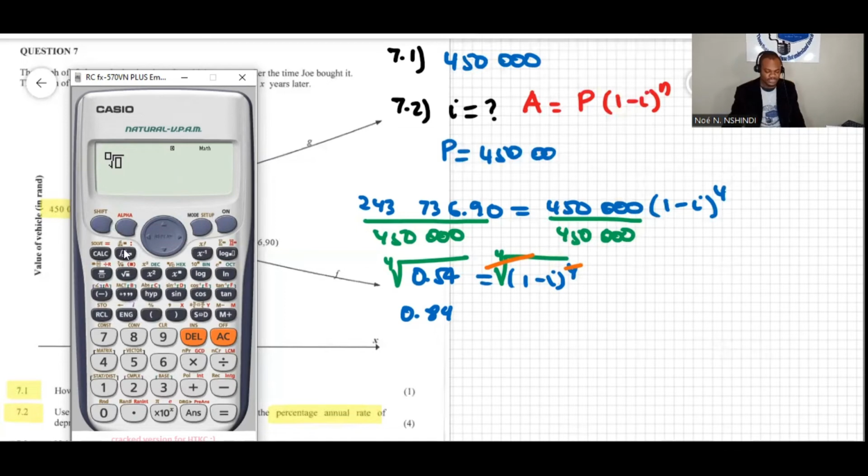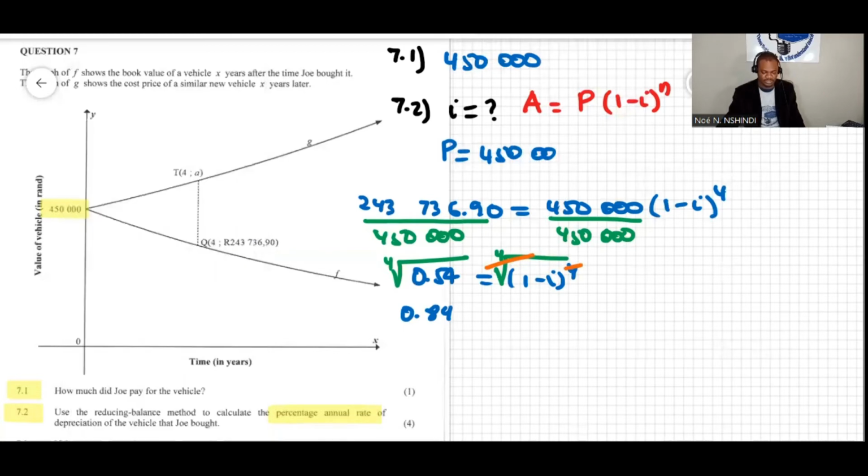You press shift and then the X to the power button here, and I write 4 there, and then 0.54. You see, same value. That makes 0.86 to the second decimal place.